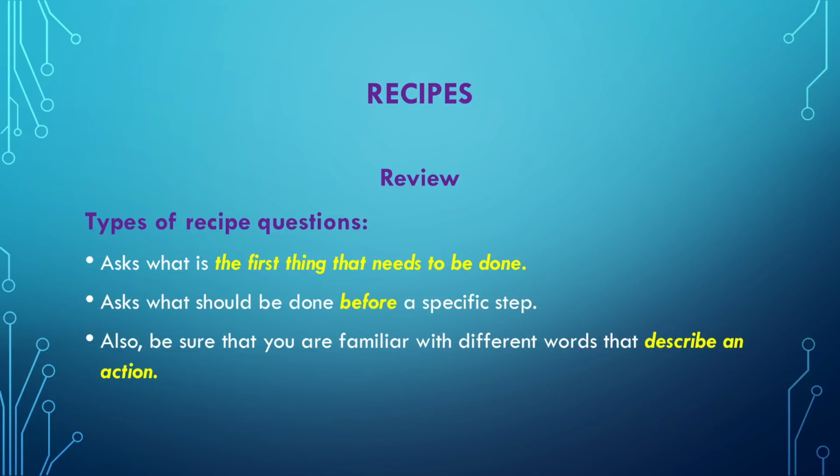Another type asks what should be done before a specific step. In that case, we find that specific step in the directions and we back up one step to find out what needs to be done before. And lastly, be sure that you are familiar with different words that describe an action.